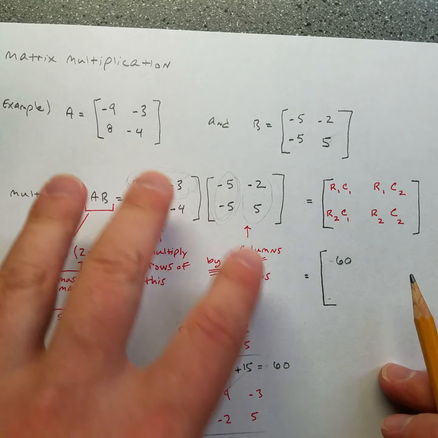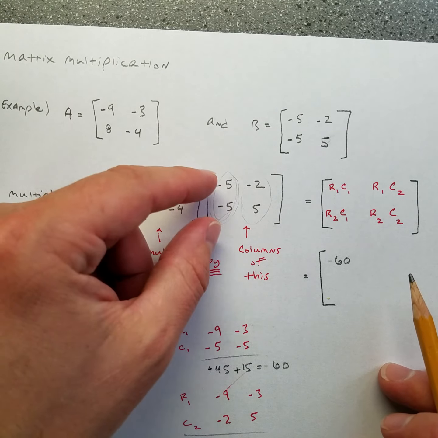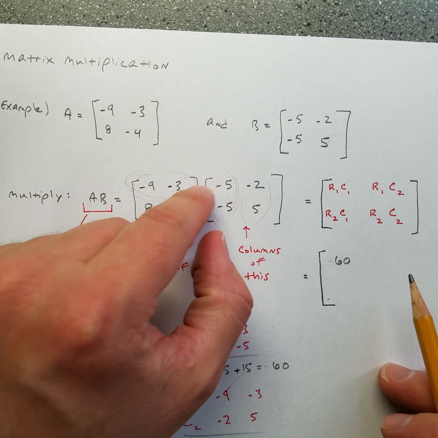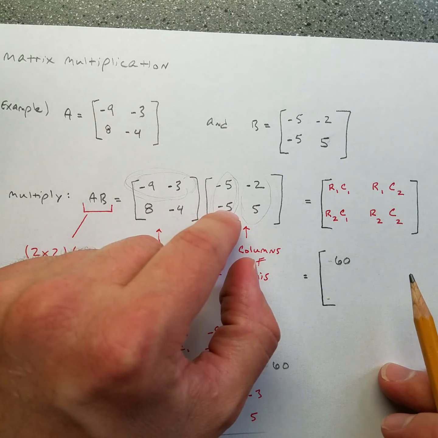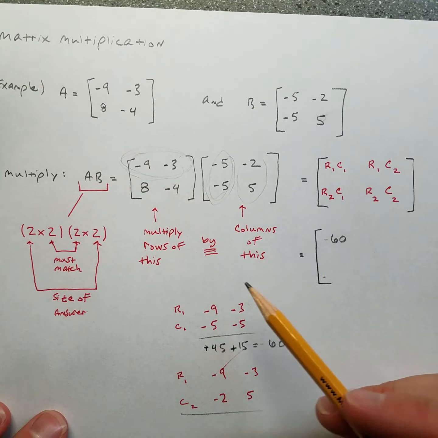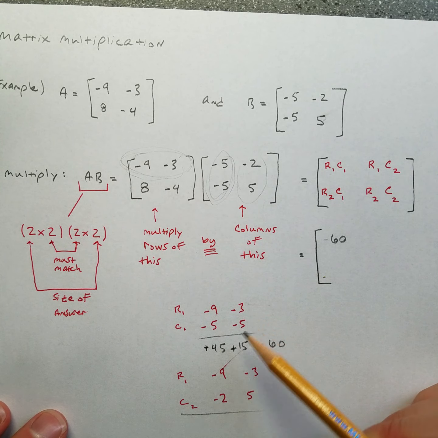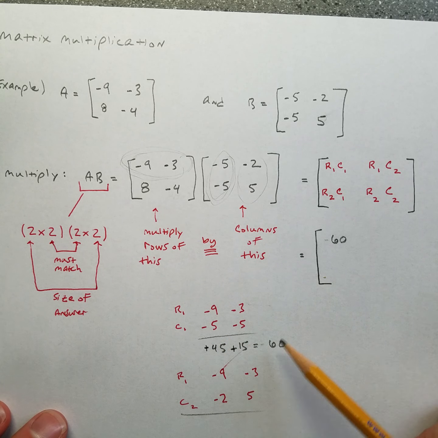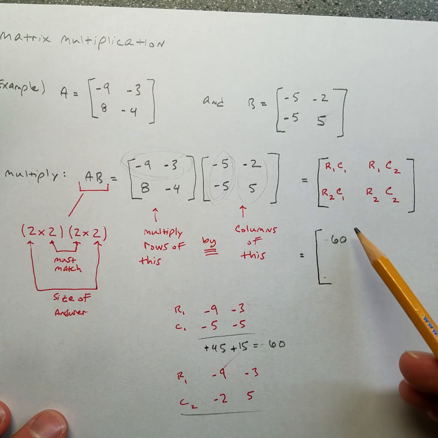So you have to use your imagination a little bit. If I take this column and put it here, I get a 5 on top of the 9 and a negative 5 on top of the 3. We multiply those together and get 45 and 15. We add the results together, we get 60. So 60 is the entry that should go right here.